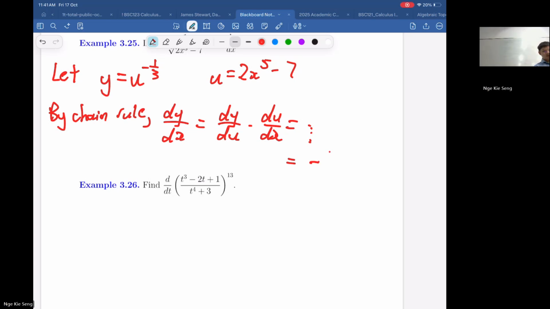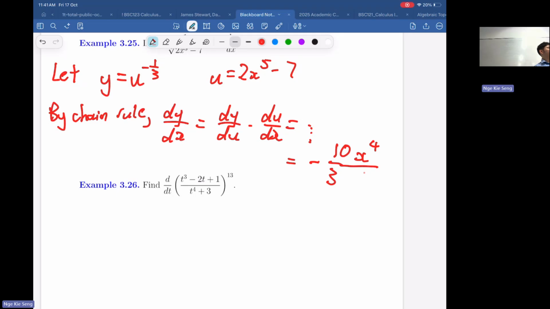Minus 1 over 3. 10 times 1 is 10, right? x to the 4. Then 1 times what? Finish, done.